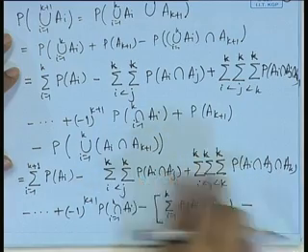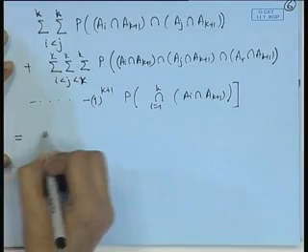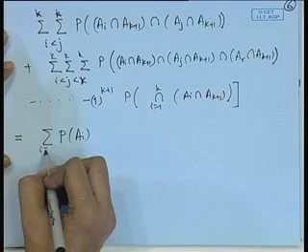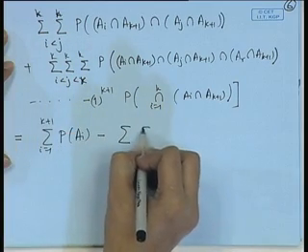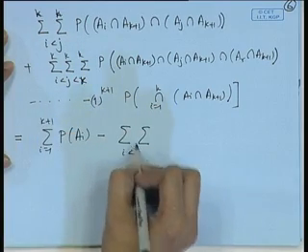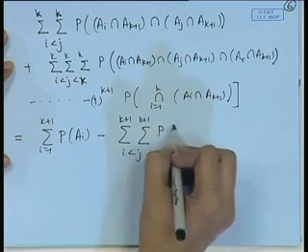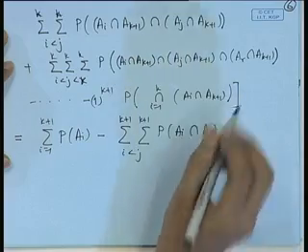So, this gets adjusted here. So, the first term remains as such, probability of Ai, i is equal to 1 to k plus 1. In the second term, you will get i less than j, and now the summation is up to k plus 1 probability of Ai intersection Aj.